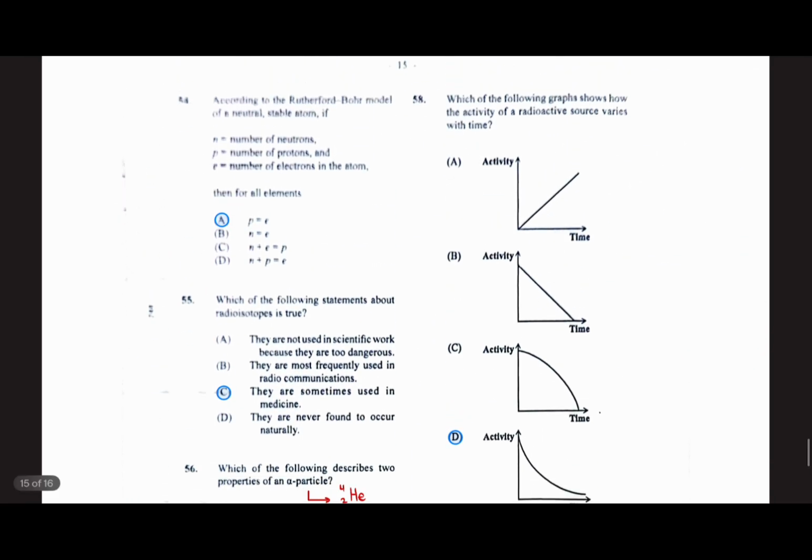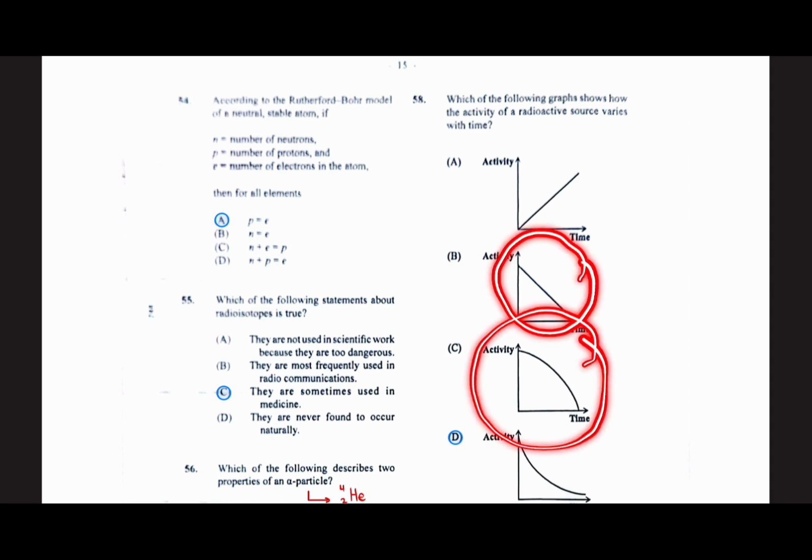58. Which of the following graphs shows how the activity of a radioactive source varies with time? So we're talking about radioactive decay. Anytime we're talking about radioactive decay, we're talking about an exponential decay curve. So this is clearly not an exponential decay curve. This is a linear graph. That's wrong. We have another linear graph here. That's wrong. I'm not sure what this is. That's wrong.